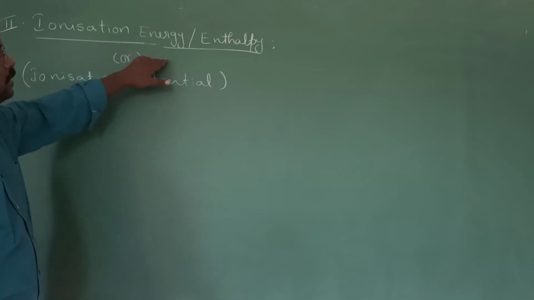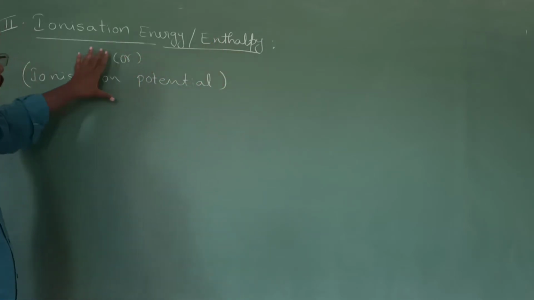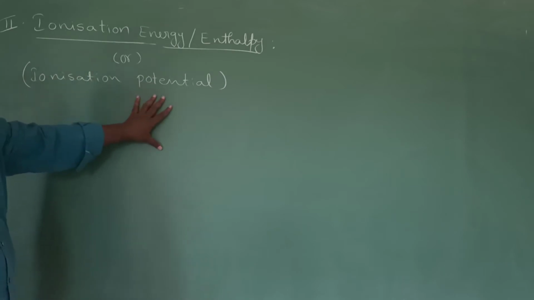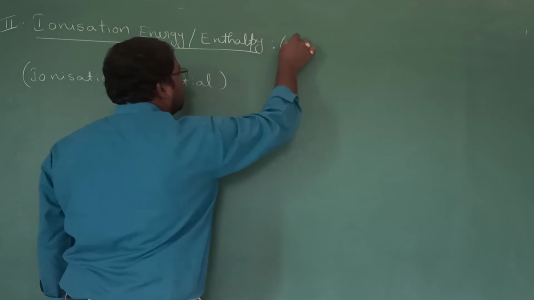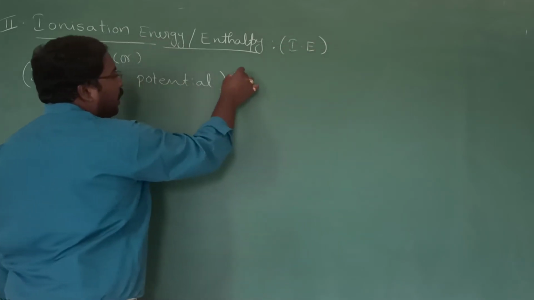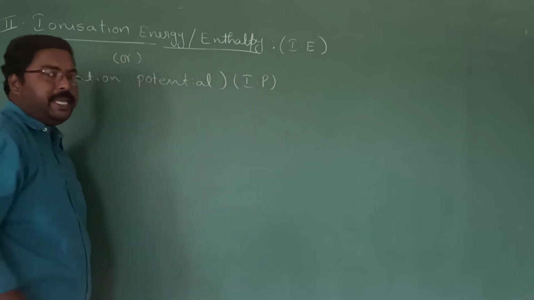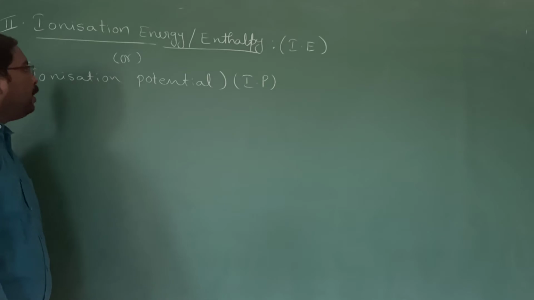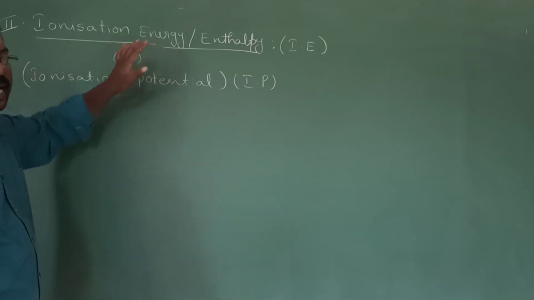The ionization energy is also known as ionization enthalpy or ionization potential. Ionization energy in short they will represent as IE. Ionization potential is represented as IP. Now coming to the definition of ionization energy.